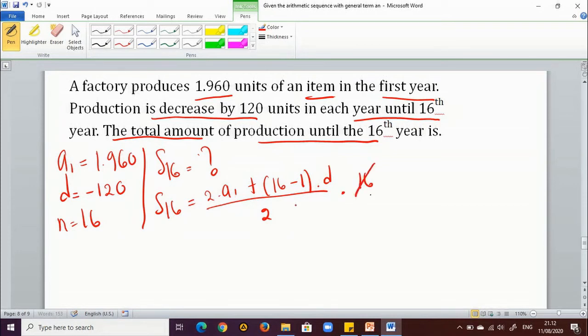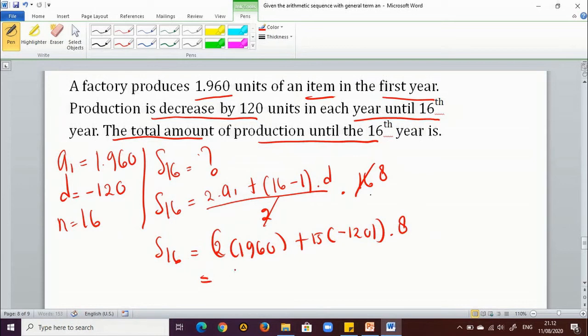From here we can cancel 16 and 2 to be 8, and then we substitute everything we have. S16 equals 2 times 1960 plus 15 times minus 120, close bracket, times 8.